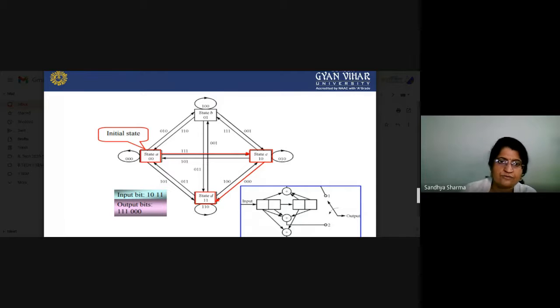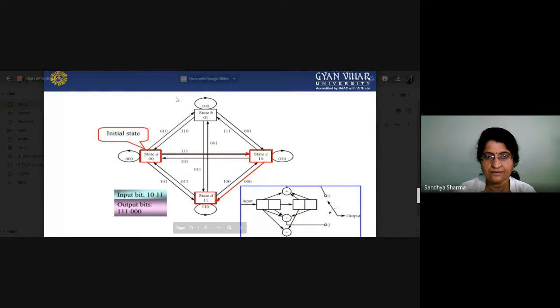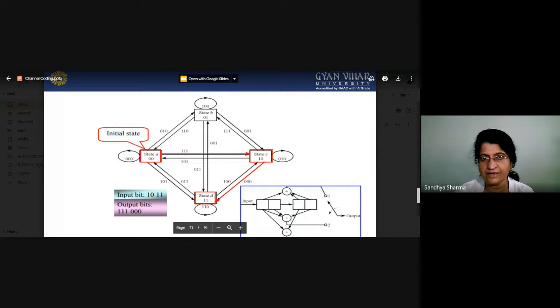State A: initially you are at 00. After that you enter the one bit. After entering the one bit there are two options. So when you enter the one bit, we will make the many options.